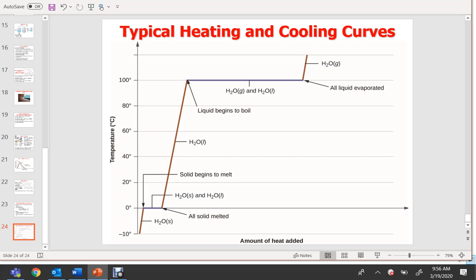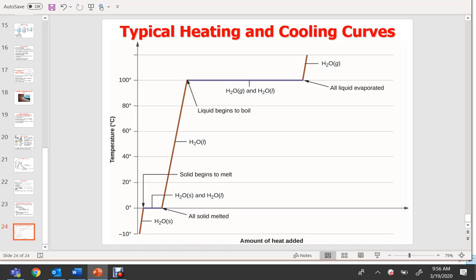Now let's talk about the typical heating and cooling curves. A typical heating curve for a substance always shows changes in temperature that result as the substance absorbs heat.